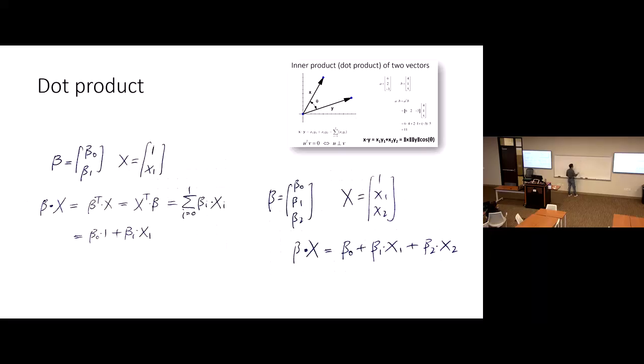I'm using the simplest 2D linear regression as an example. So we have a vector beta, and then we have another vector x. So x is your input data. Here we have only one input variable.